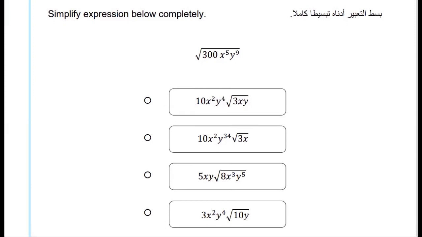So in the first step, we can distribute everything under the radical, under the square root. So we can write square root 300, square root x to the power 5, and square root y to the power 9.